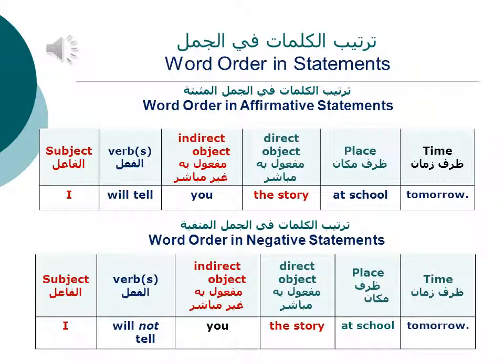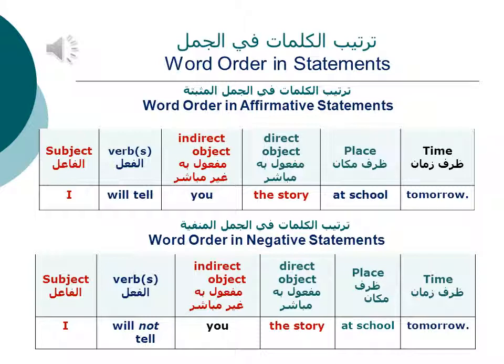Now here is an example of how we put words in an affirmative statement. I will tell you the story at school tomorrow. So we start with I, the subject, the verb, will tell, the indirect object, you, the direct object, the story, the place, at school, and the time, tomorrow.